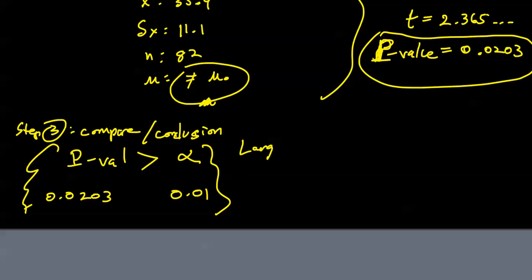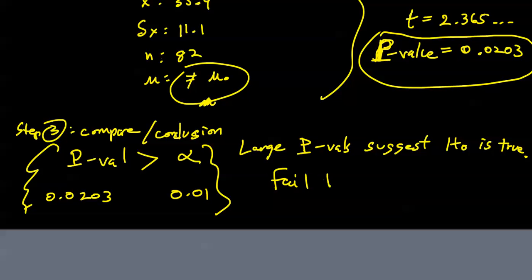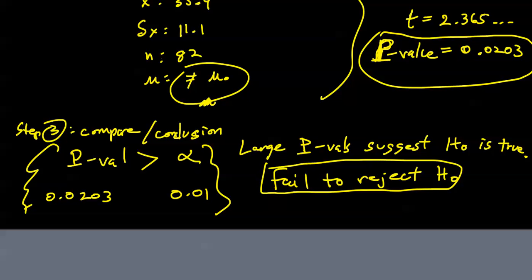Now remember, large P values suggest your data is not very extreme, and by implication the suggestion is that H0 is true, that there's nothing wrong with the H0 statement. And when your P value is large, again, you fail to reject H0. Okay, so this should be my box conclusion.